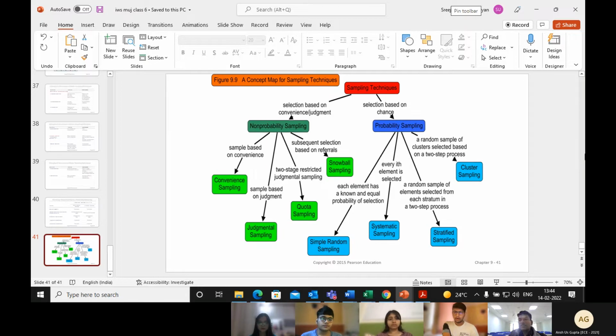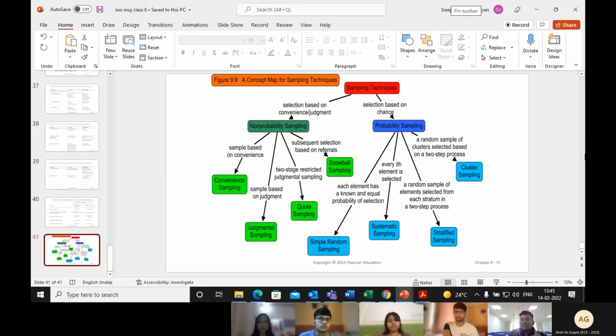In quota sampling, there is a certain classification, a certain ratio in the population, so you ensure that the ratio of characteristics is also maintained in your sample, typically gender or education level. In snowball sampling, you identify the first respondent, and from the first respondent you are able to identify subsequent respondents. One person leads you to another.